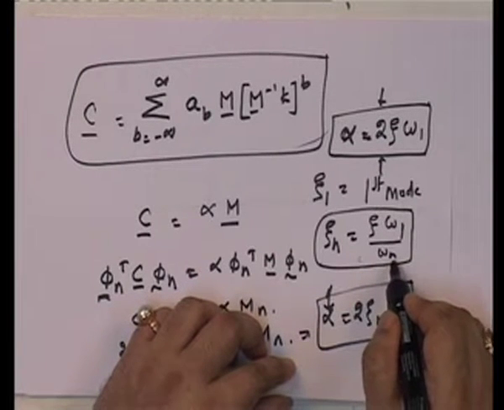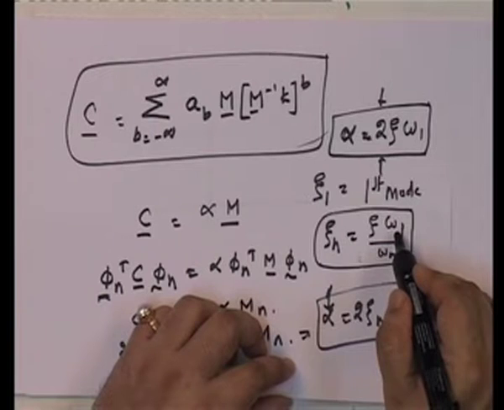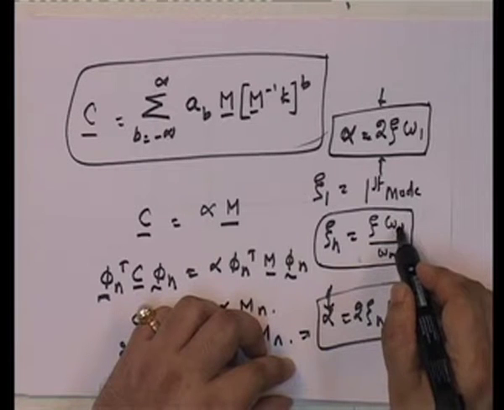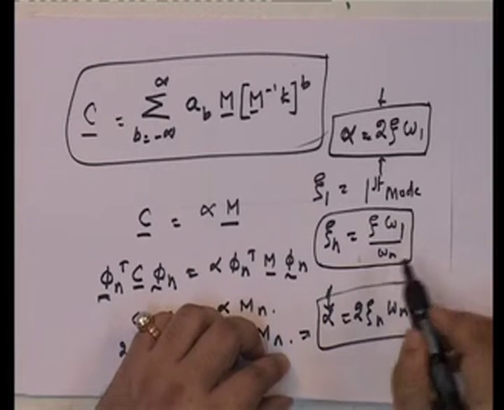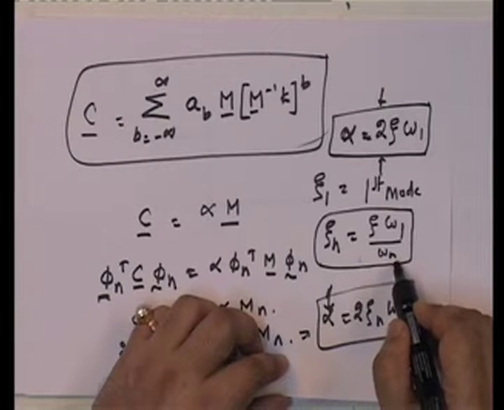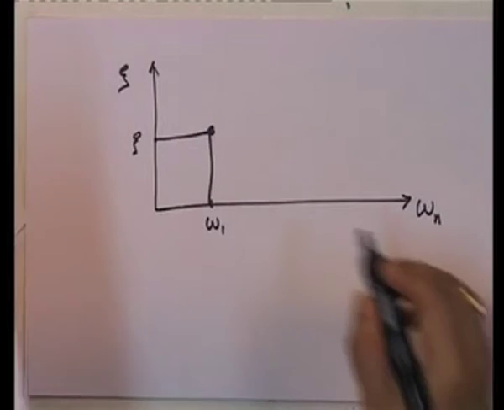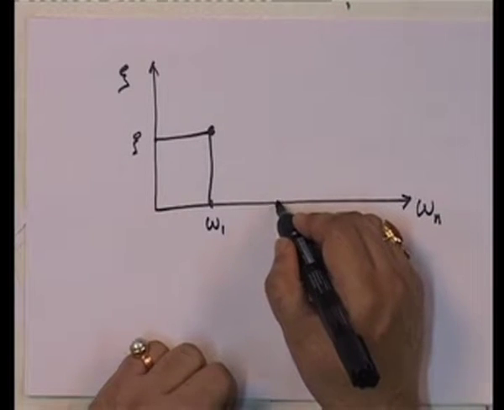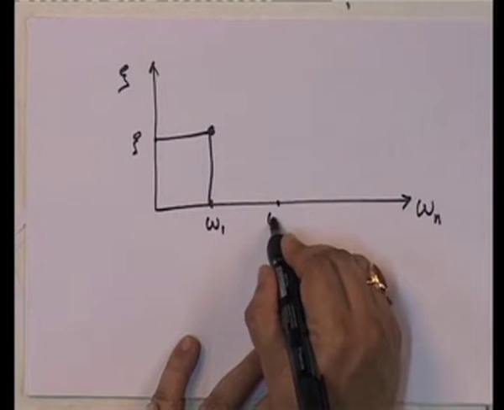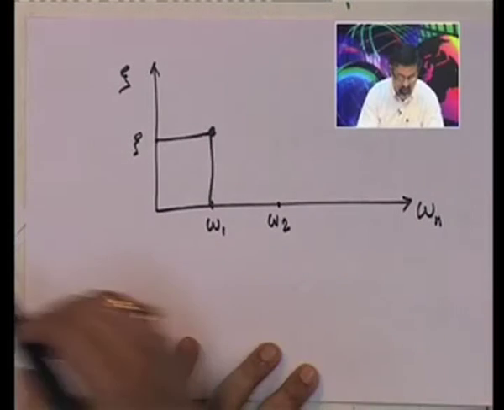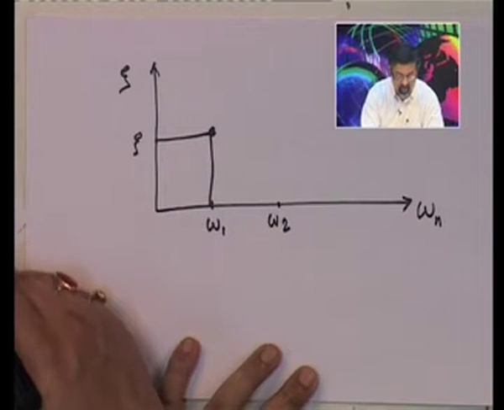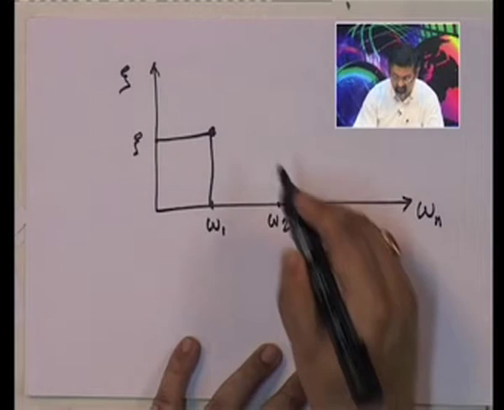So, if I were to look at omega 2, that would be less. Let us say that omega 2 is twice omega 1. Then xi n is half.